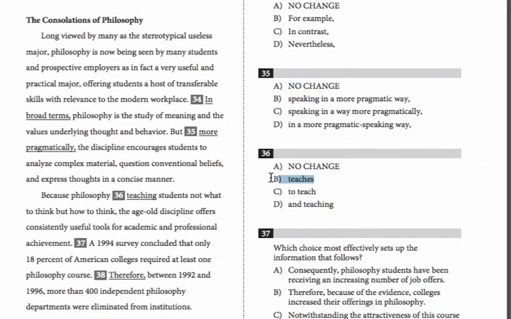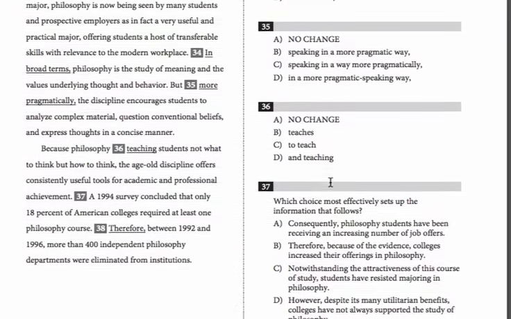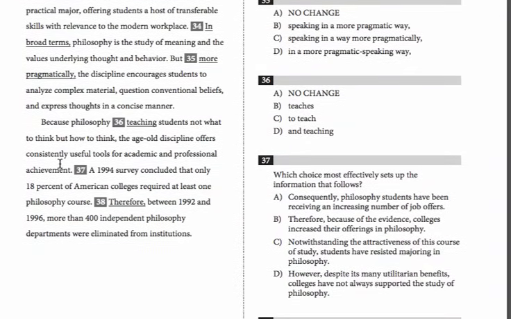All right, yeah, B is the only one that's not terrible. I'm not going to go into a whole lesson of tenses right now, but I think you can tell pretty clearly that everything else but teaches is terrible. This is just present tense. Philosophy teaches, right? Not philosophy to teach students or philosophy teaching students or philosophy and teaching students. Yuck. All right, let's keep going.